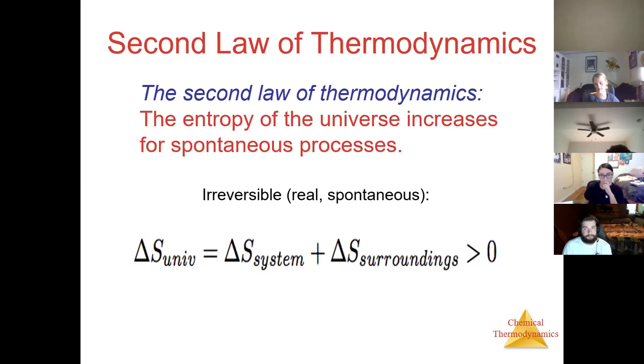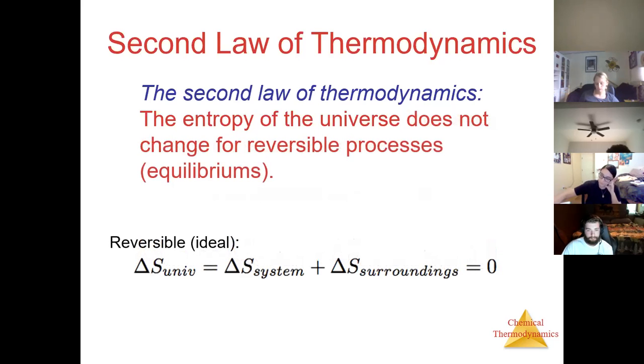And we're going to be dealing with the law of spontaneity over the next 2 chapters. If I have a reversible ideal reaction, my entropy of the universe will be equal to 0. I'm at equilibrium.